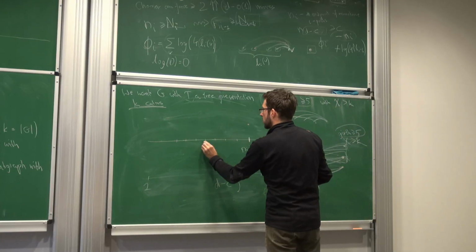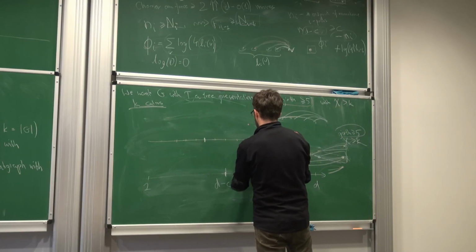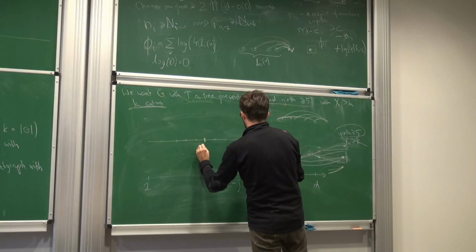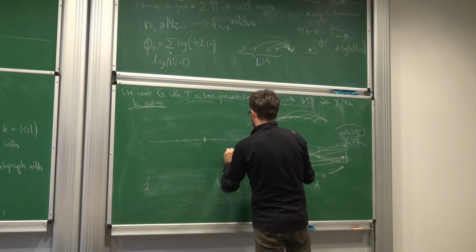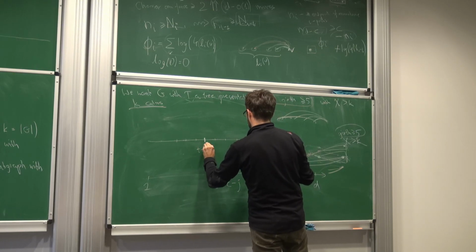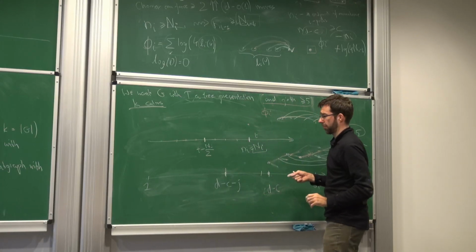So if we are looking at the timeline, say that this is time t. Here we are looking at time t minus n_i divided by 2.